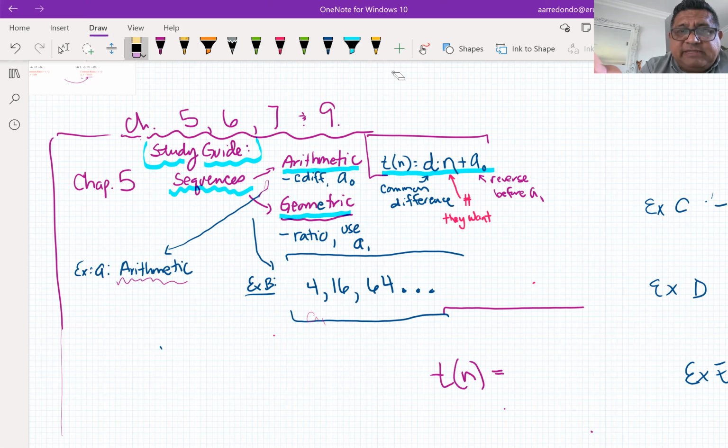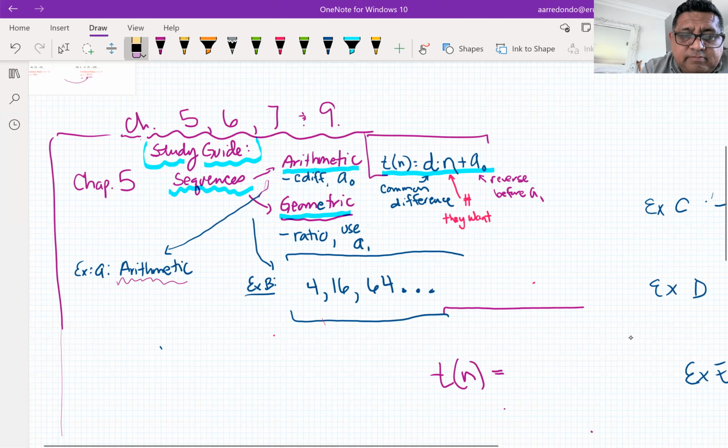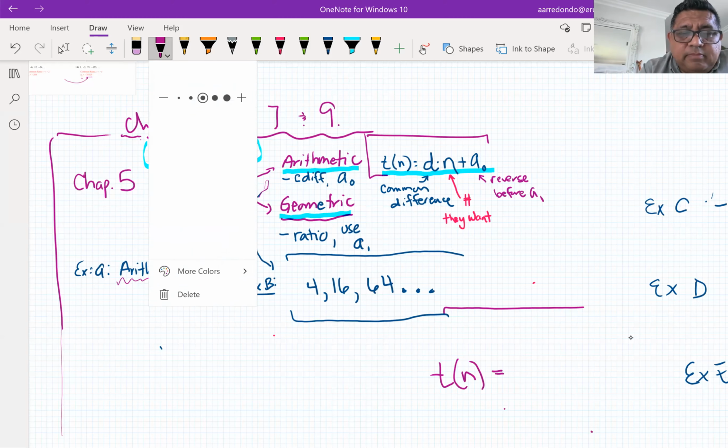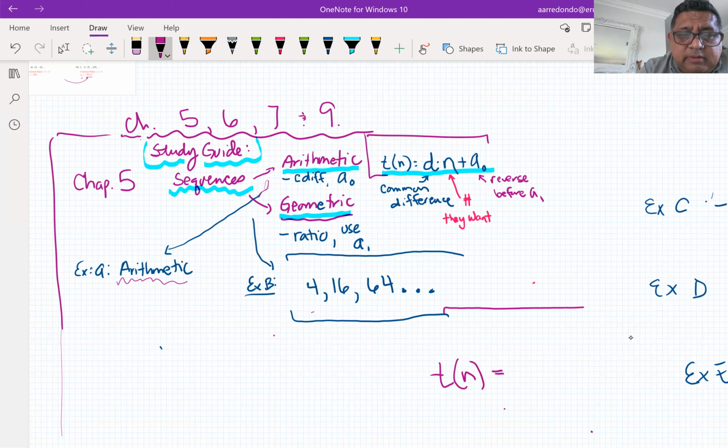So that makes it easy. A sub 1, a sub 2, a sub 3. Since geometric isn't just adding or subtracting, its numbers get pretty high in a quick manner.